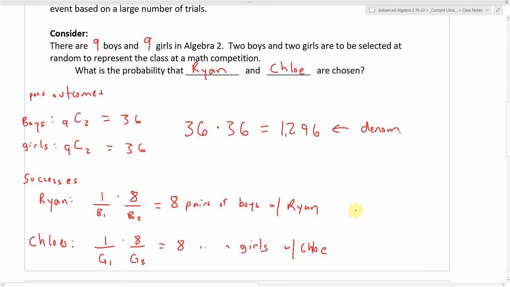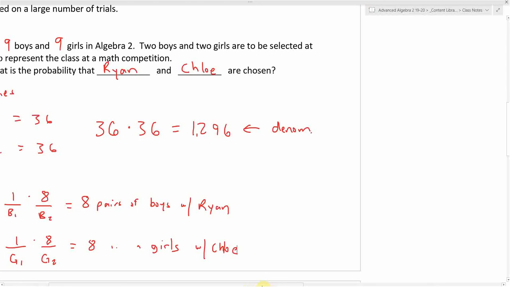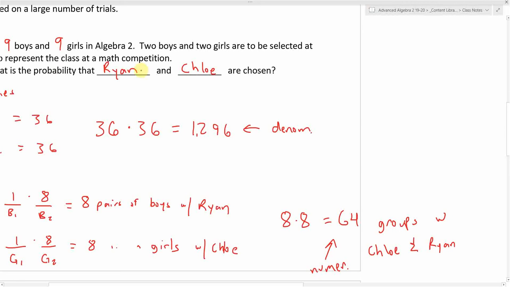And so if there's 8 ways for Ryan to make it and 8 ways for Chloe to make it, that means that there are 8 times 8, or 64 different ways for Chloe and Ryan to make it. So 64 groups with both Chloe and Ryan. Right? This would be our numerator in our fraction, right? That's the number of possible successes. A success is defined as a team with Ryan and Chloe.